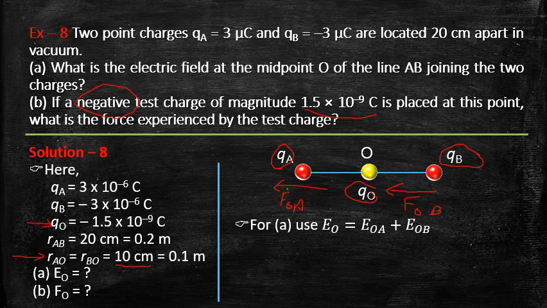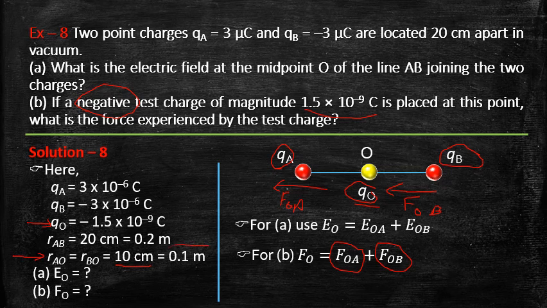Hence if you want the total force on QO, you should simply add the two. So FO is FOA plus FOB. FOA is KQA QO by 10 centimeter square. FOB is KQO QB by 10 centimeter square. Be careful: instead of 10, you should take 0.1 meter.